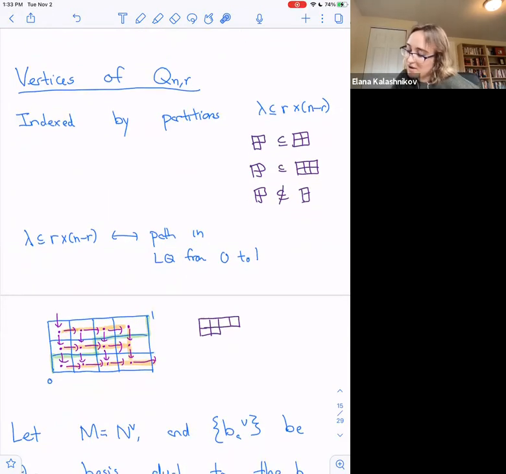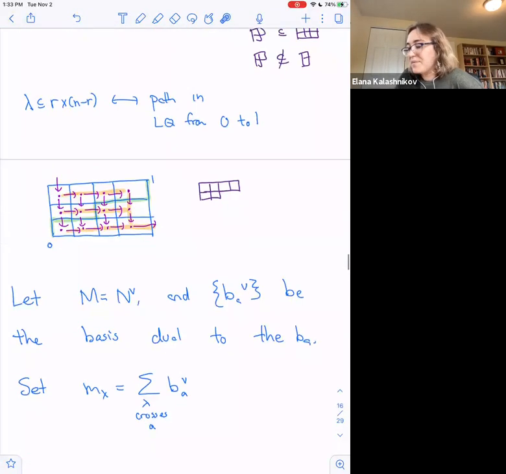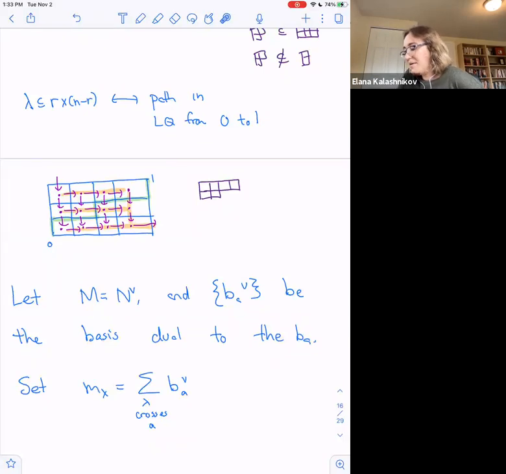What I want to tell you about is how you get vertices. I'm going to let M be the lattice dual to N, and let b_A check be the basis dual to the b_A's. Then I'm going to set m_lambda, for any particular lambda, to be the sum over arrows, where you add that arrow if lambda crosses that arrow.